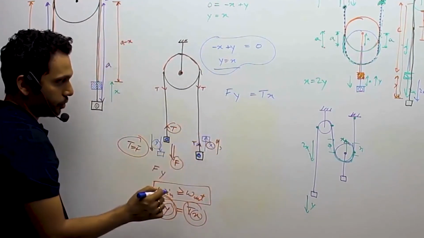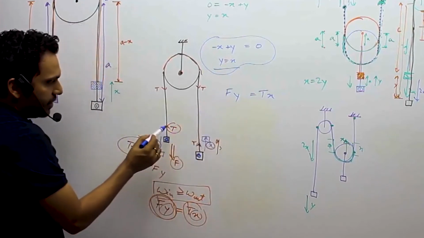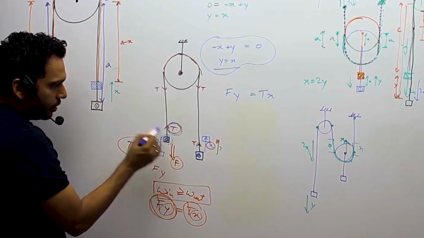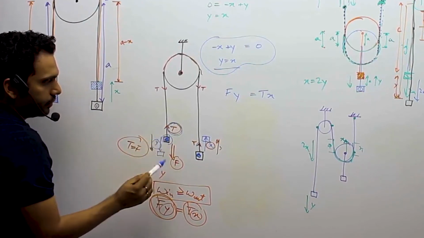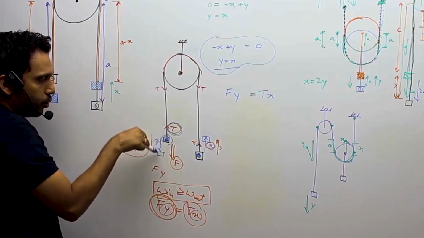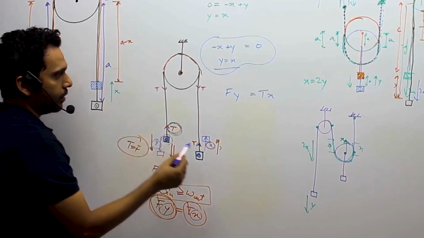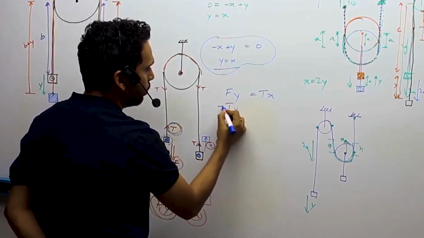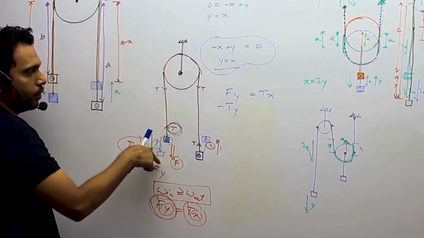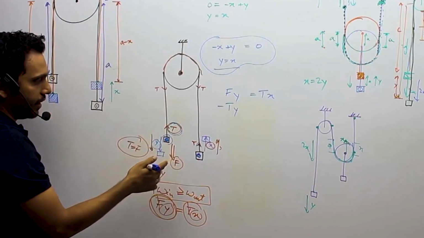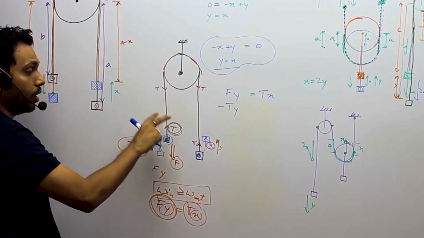Now what is the work done by this tension on this body or on this point? Tension is upwards but the point is going downwards by Y. So what is the work done by the tension? The work done by this tension is T into Y but negative, because tension was upwards but the thing has gone downwards.